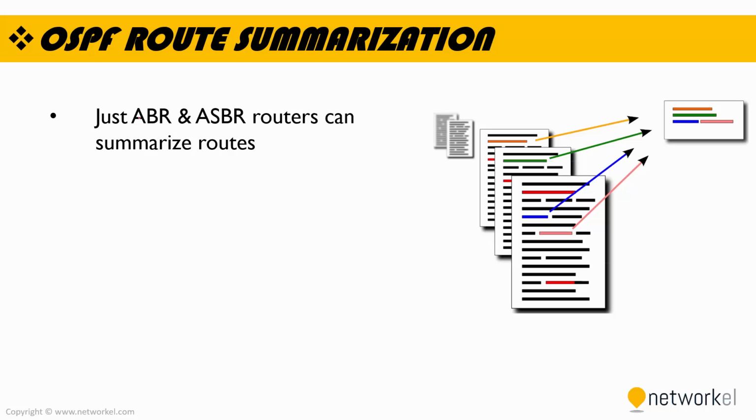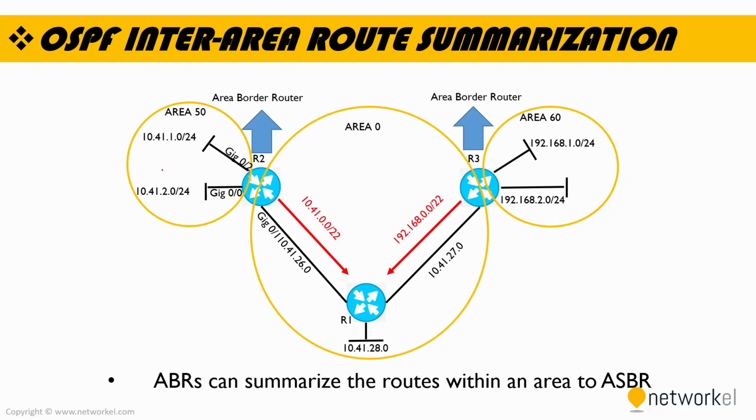In OSPF, just ABR and ASBR routers can summarize the routes. Please keep in mind that that's an important point. So let's see how OSPF inter-area route summarization is made.